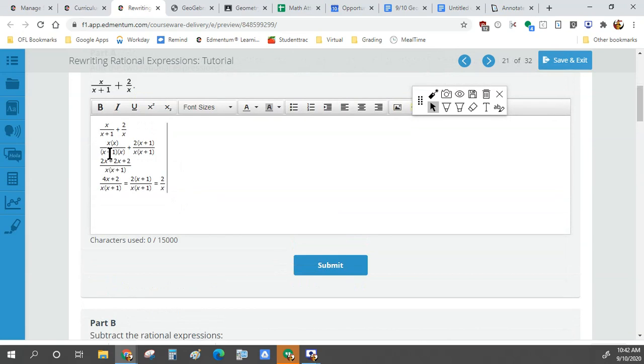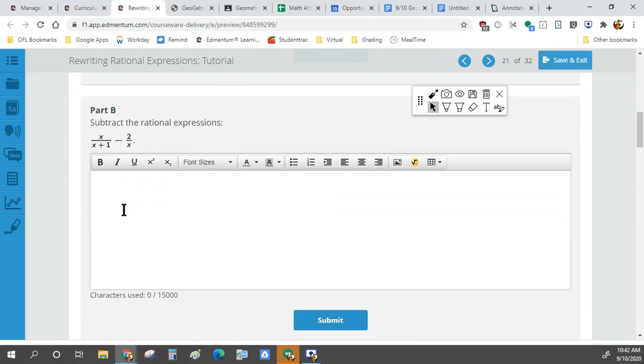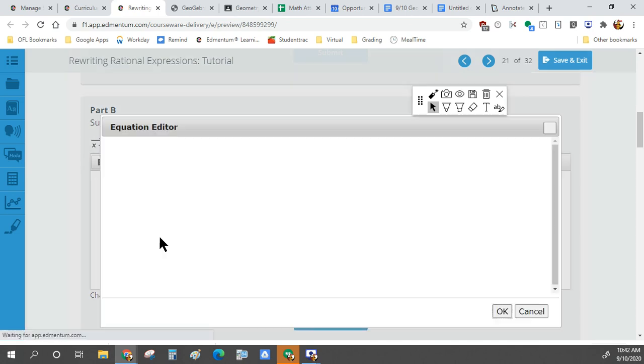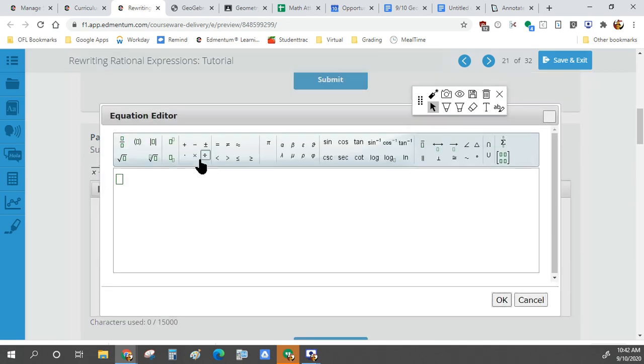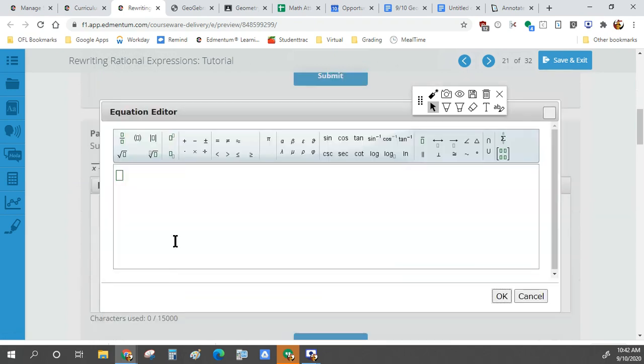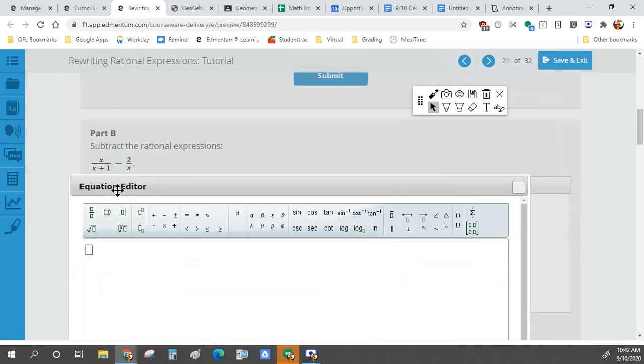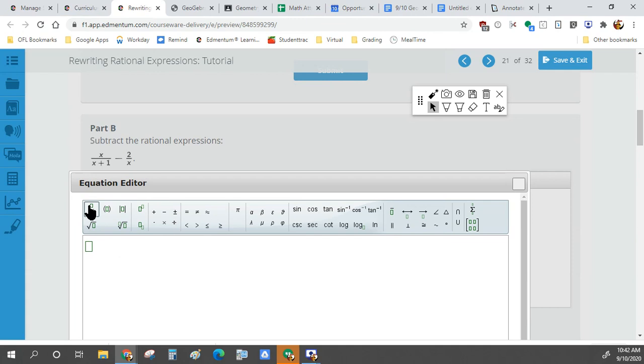Shoot. I should have copied some of this down because a lot of the work is going to be the same over here. So this is very similar. That's why I kind of went like, ugh, I done goofed when I did this. So when I copy this down, I'm going to have two fractions, but now I'm going to have a subtraction sign. So this is going to be x plus 1, 2 over x.